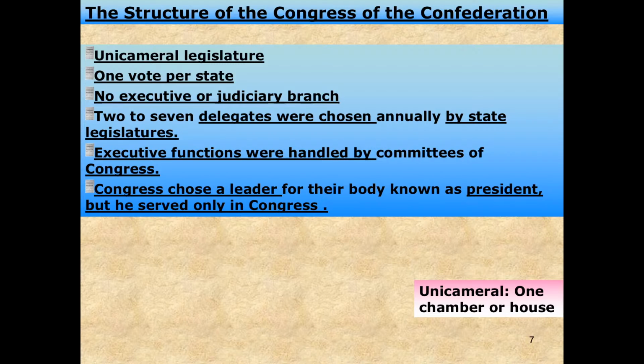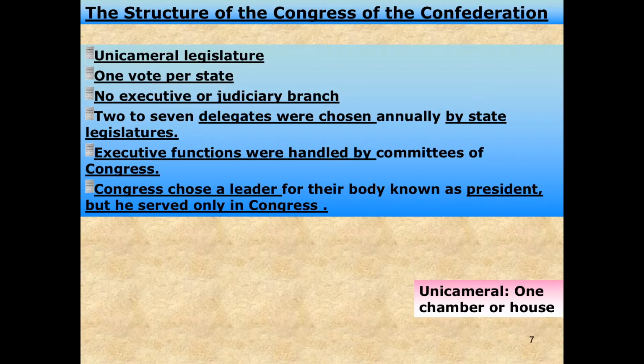And each state is going to have equal representation, which to large states like Virginia, their political voice with this one vote per state thing that we have with the Articles will be diminished. The people there, essentially the larger population, will have as much say-so as states with smaller populations, where you could argue that those people have more of a political say-so because of this.